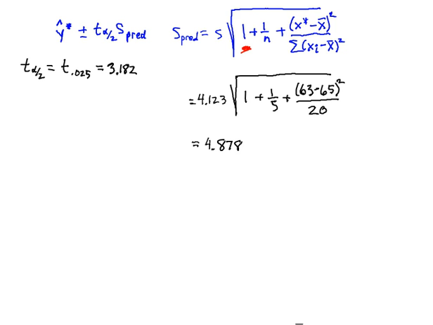And now I'm going to plug everything into the confidence interval. My estimated weight for the woman swimmer of 63 inches tall is 106, plus or minus 3.182, and then times a different standard error value, 4.878.